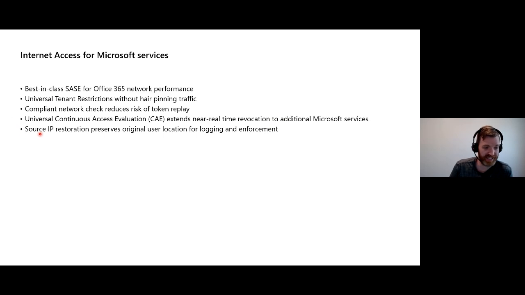And of course, let's not forget source IP restoration, because we are blending the network and the identity layers together. What normally happens, let's say in the traditional deployment scenario, if I'm hairpinning all of my traffic to my corporate network, and then it goes from my network out to Entra ID, when you look at the sign-in logs, all of the locations will be the same.